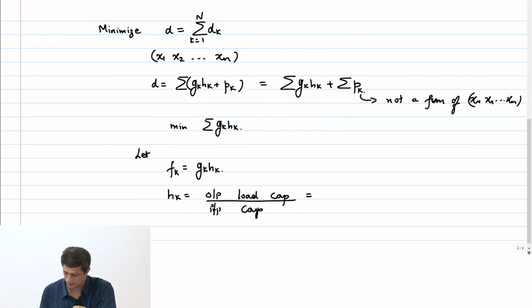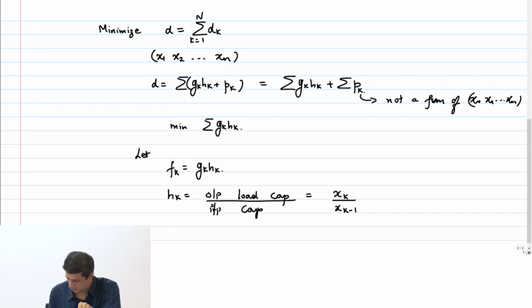Okay. So what is hk? It is simply going to be xk divided by xk minus 1. xk is basically the input cap of the k plus 1th gate, which is nothing but the load of the kth gate. Therefore, this is just xk by xk minus 1.